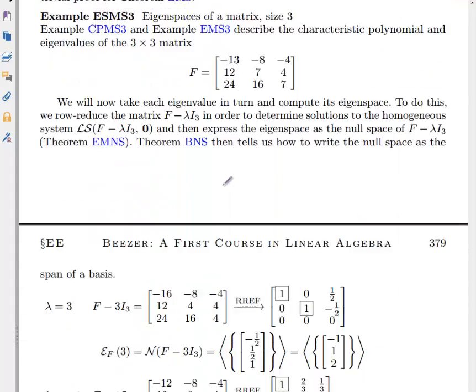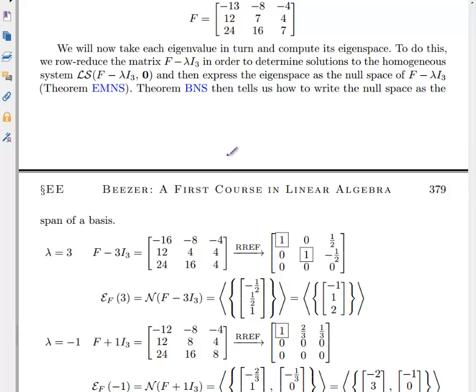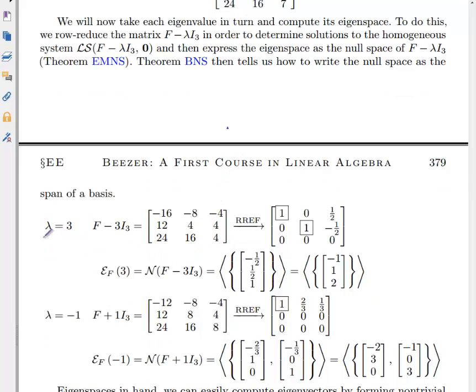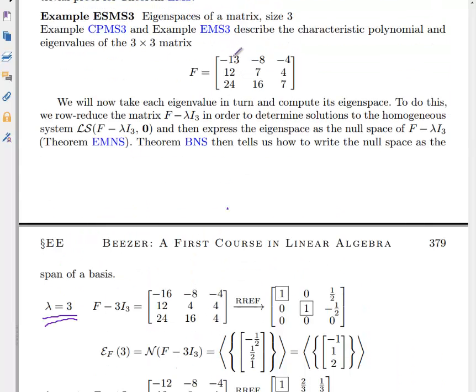All right. So let's see if we can find the eigenspace for this matrix. Okay? When we did this matrix, we showed that there were two eigenvalues, 3 and minus 1. So to find the eigenspace for lambda equals 3, I just need to take that matrix F, subtract 3 times the identity, so I need to subtract 3 from each of the diagonal elements, row reduce, and find a null space.